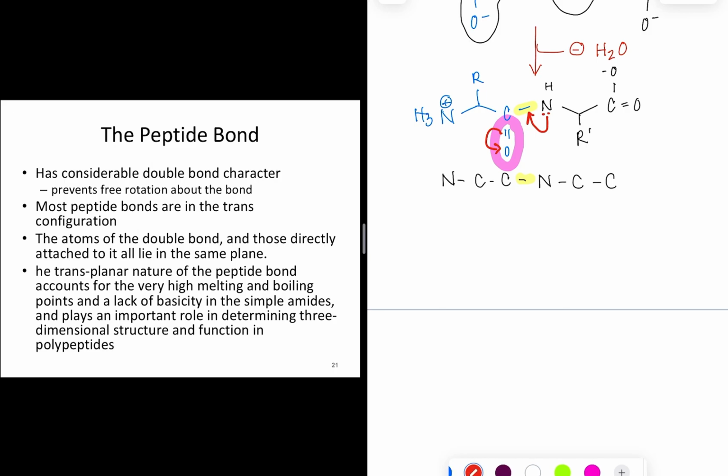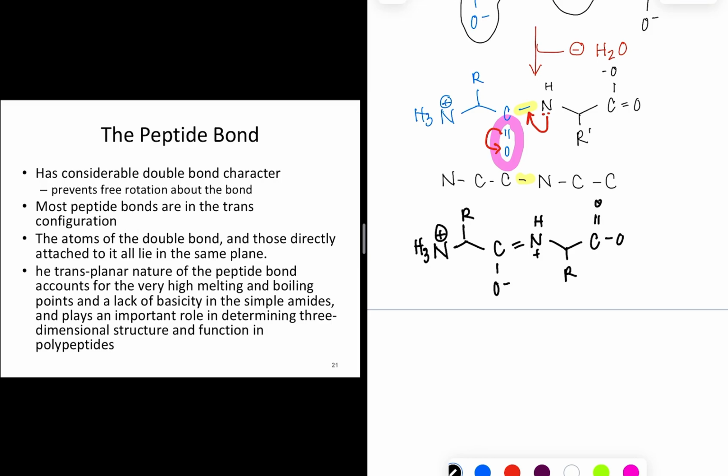So the form that I make will be this. The amide bond, again, is right here.